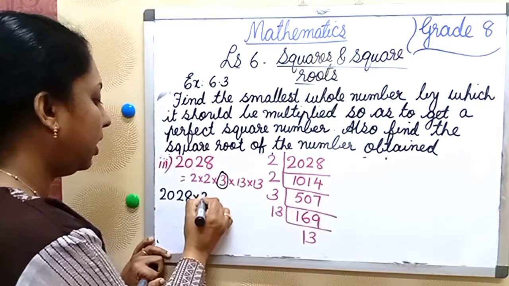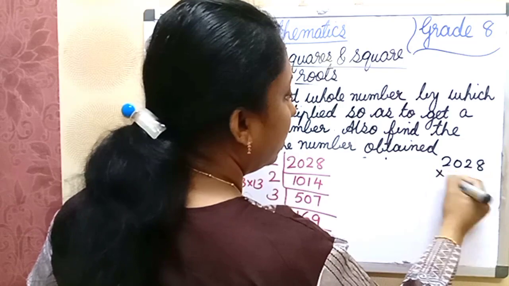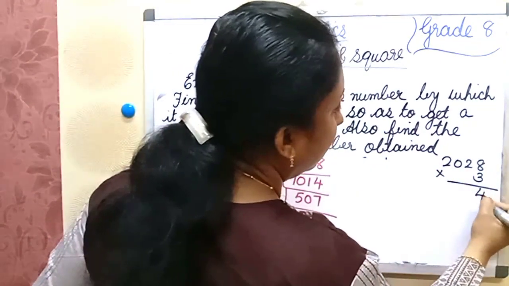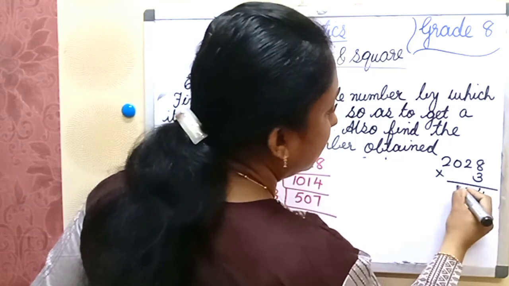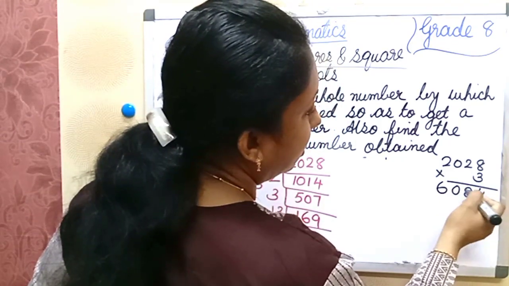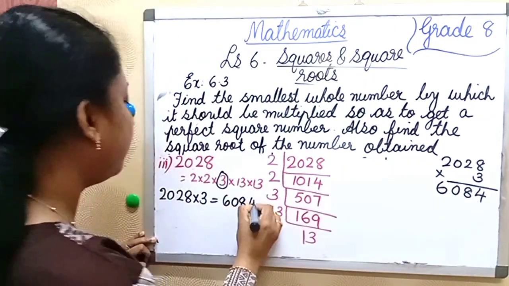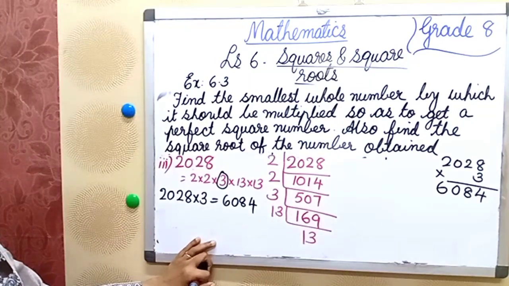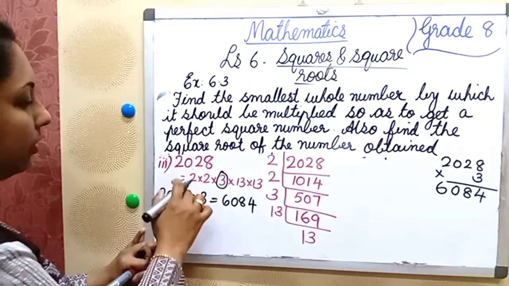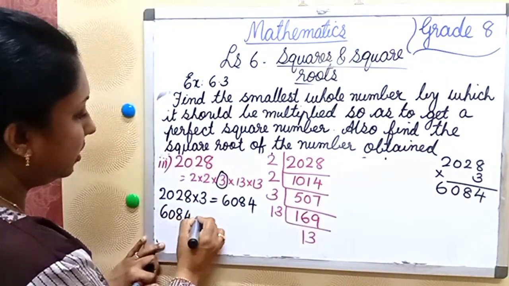2028 into 3, which is 6084. Now we can find, anyway, 6084, how we can write?